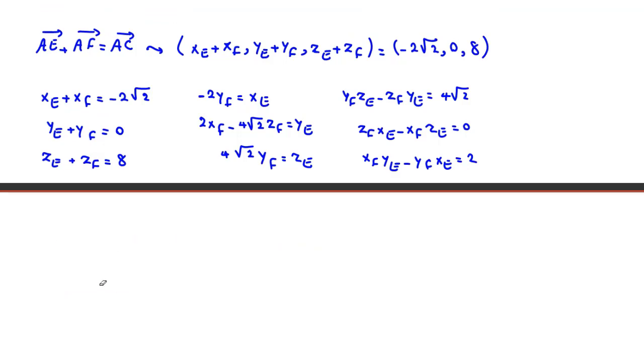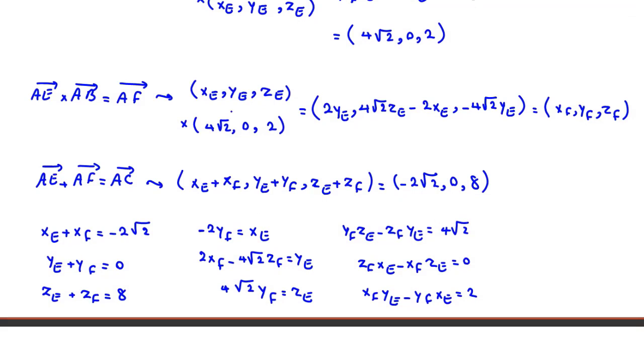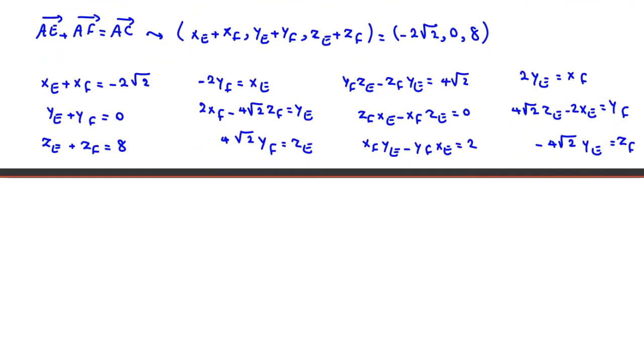And the last 3 equations: 2YE equal to XF, 4√2 ZE minus 2XE equal to YF, minus 4√2 YE equal to ZF. Okay. So we have 12 equations.